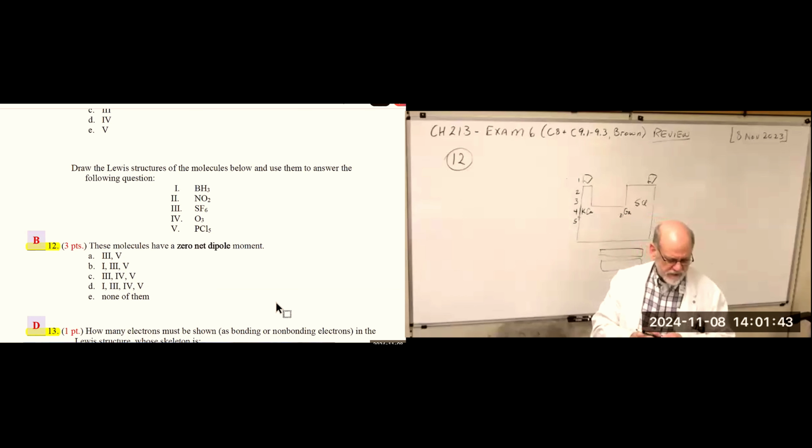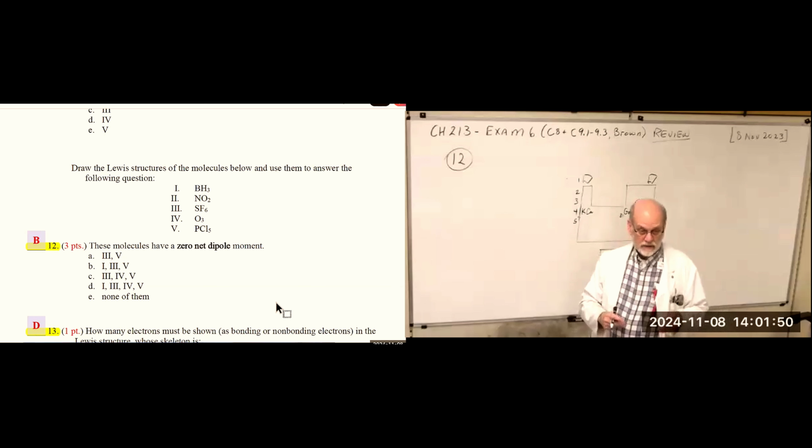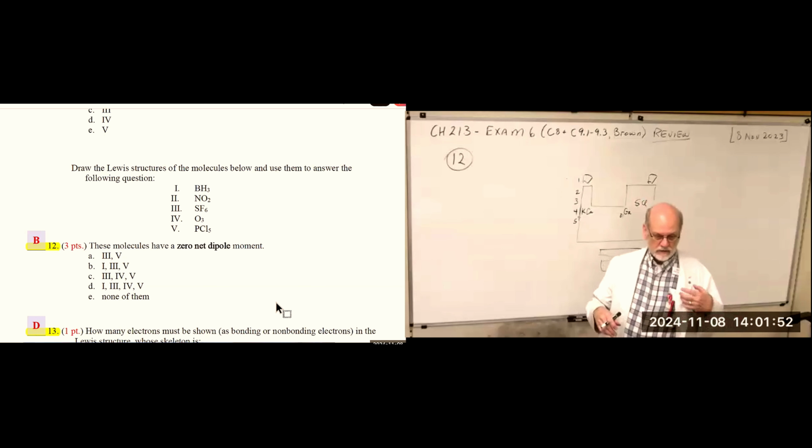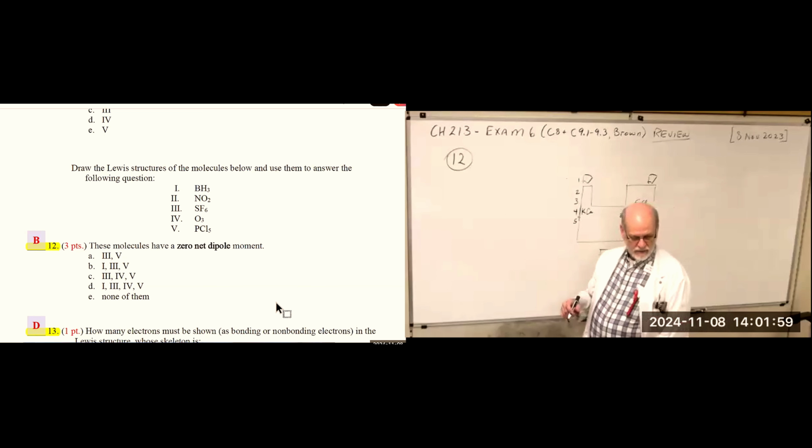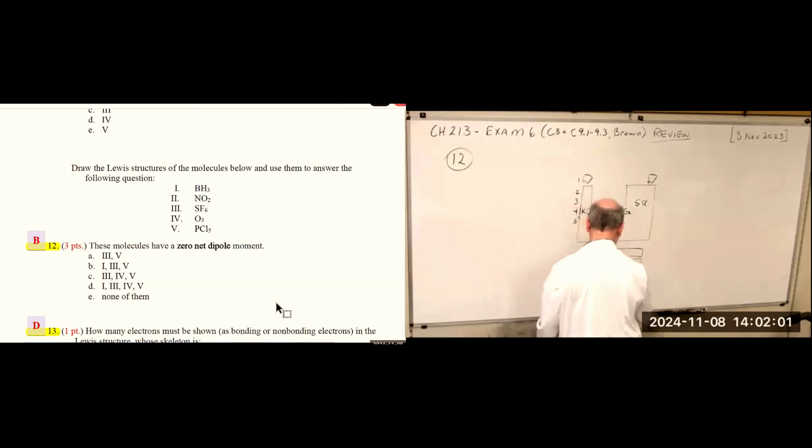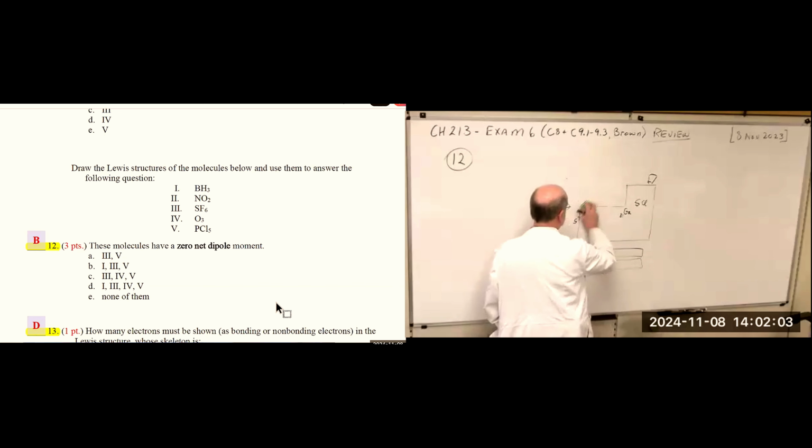All right. 12 says these molecules have a zero net dipole moment. So like we did before, are the bonds polar? And what's their geometry? That's what we have to look at. So 1 through 5. I think I'm going to erase this now. I'll redraw it if I have to.